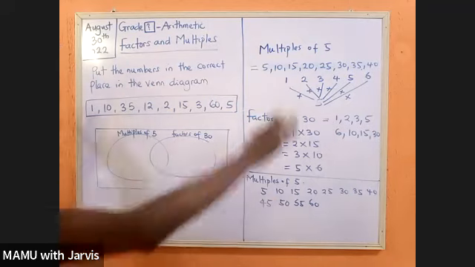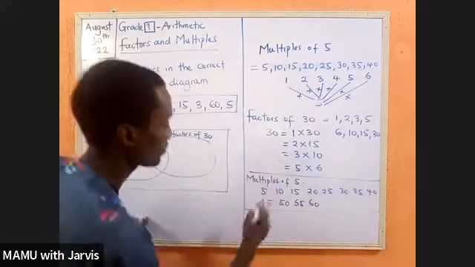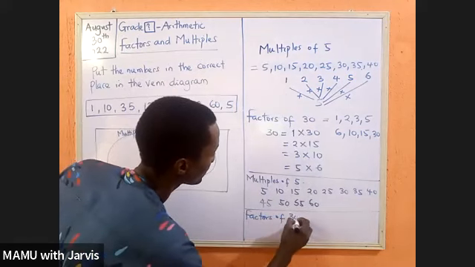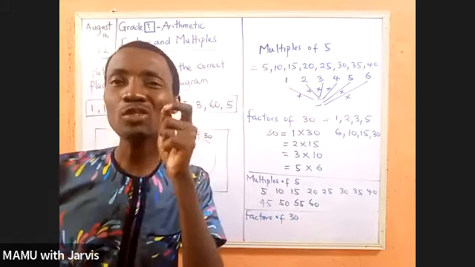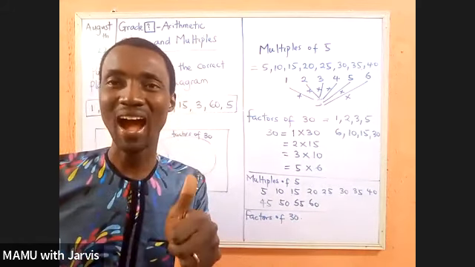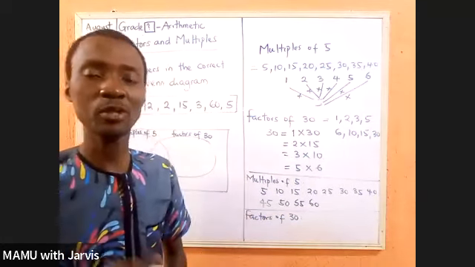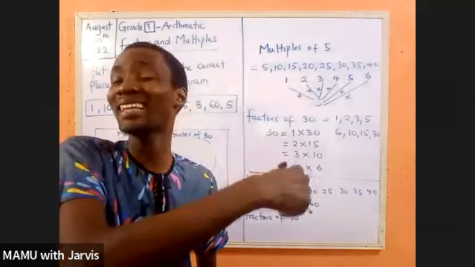Right. So with what we have, I also now take my factors of 30. Remember something very important. If I'm talking about the factors of a particular number, I can't get a number higher than that number as a factor.